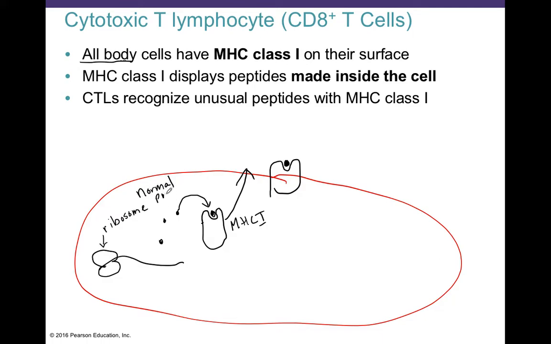This is a normal protein that's being produced. And the cytotoxic T lymphocytes are going to actually ignore this. They've been trained to know what belongs there and what doesn't.